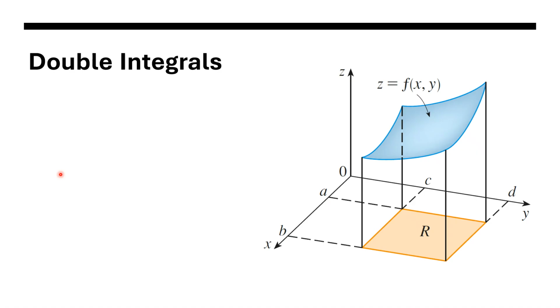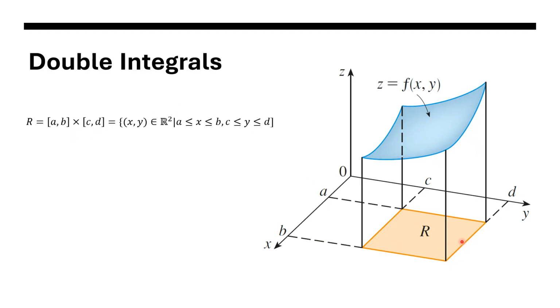For example, let's consider a function f of two variables defined on a closed rectangle. The rectangle is in the closed intervals [a, b] by [c, d], and this is our R.